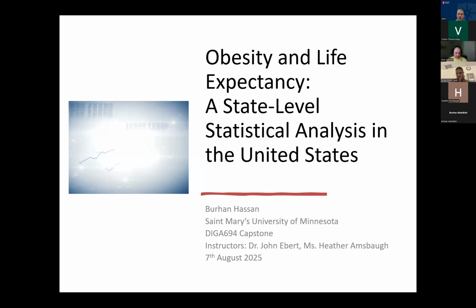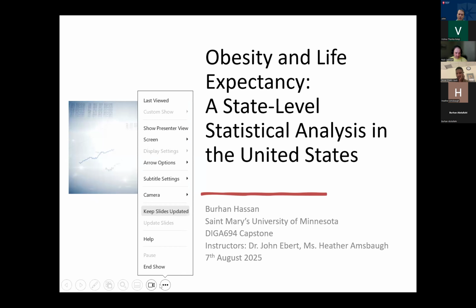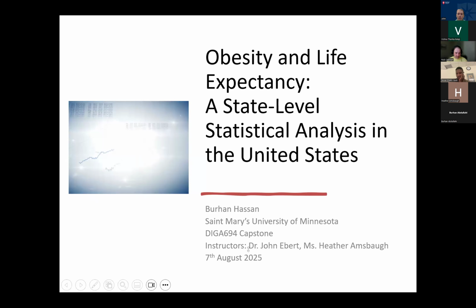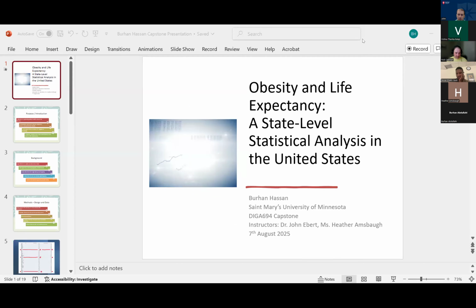But Burhan was studying obesity and some causational relationships between obesity and life expectancy, looking at this relationship on a state level, a summative or descriptive type of statistical application in the United States here. So Burhan, whenever you are ready, you can take it away.